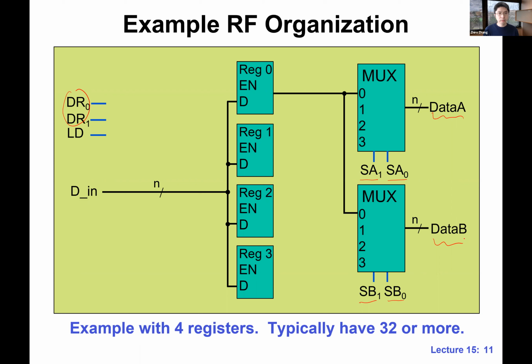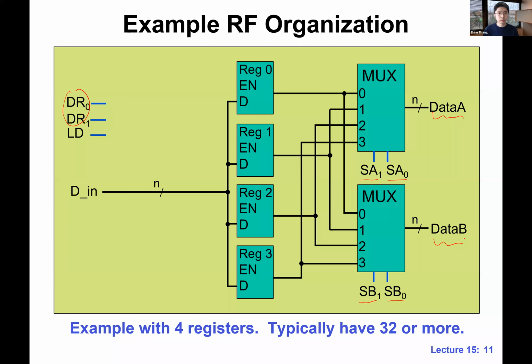We can choose to read for both data A and data B from the same register. So each register connects to both output ports, which is where we have the fan out like this, and same for reg 1, reg 2, and reg 3.